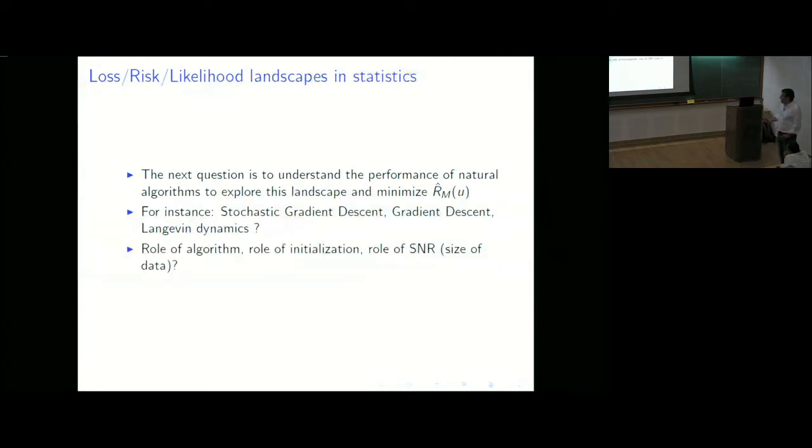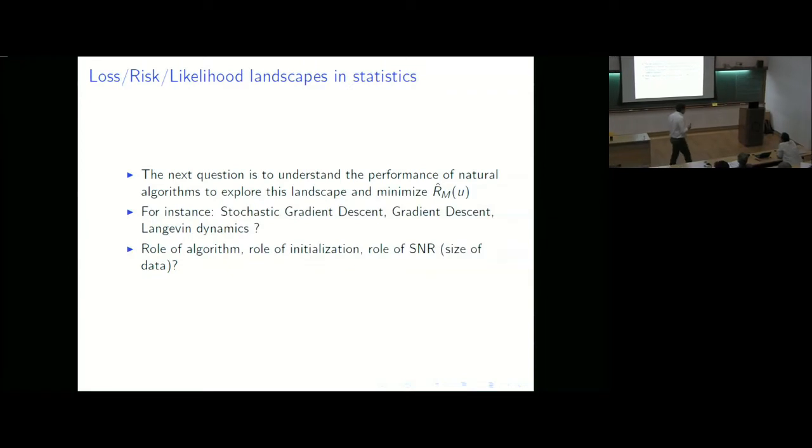So what is the role of the algorithm? An important thing also is where do you start your algorithm? Many of these algorithms, when you look at papers not in the math literature, of course, or the physics literature, and you look carefully, you will notice that many of the algorithms have a hot start. That is, you start not too far from what you want to find. And then the question is easy, right? So the important thing is to have an initialization.